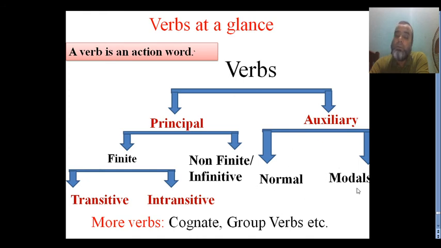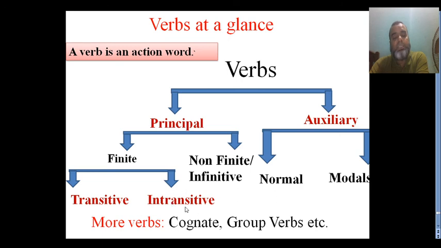Now, I would like to tell about these normals. These can be divided into three: to be verb, to have verb, to do verb, and then modal verbs. A finite verb is also divided into two kinds, transitive and intransitive. Transitive means in that verb there will be an object.